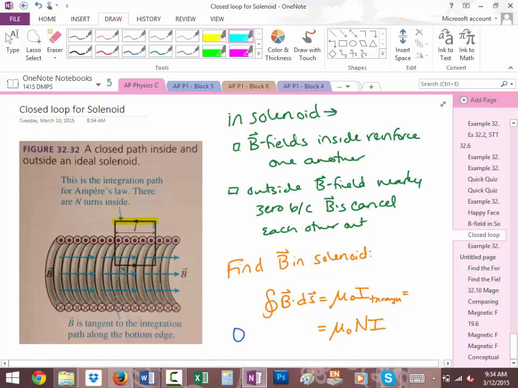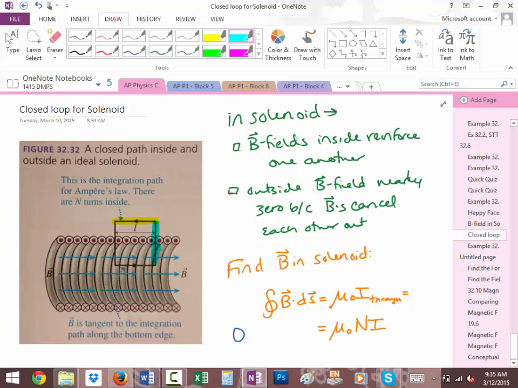And then let's look at this little piece here. And think about what B dot ds is going to be there. So the magnetic field, well, outside it's 0, and right here it's going this way. And so you've got magnetic field going this way, and which way does ds go?